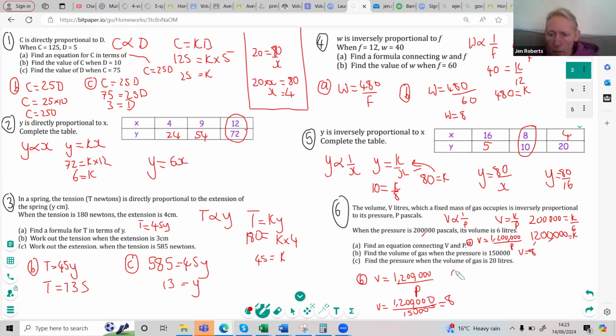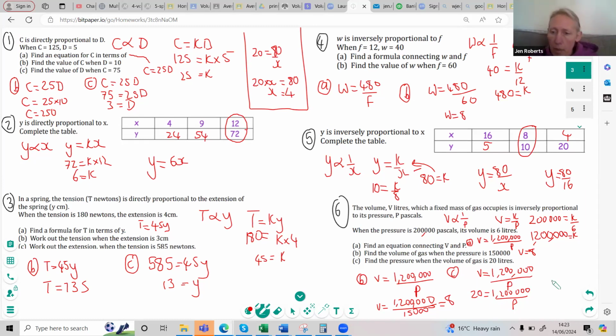And then for this last one, at this time we know V. V equals 1,200,000 over P. So just think carefully how you're going to rearrange this formula.